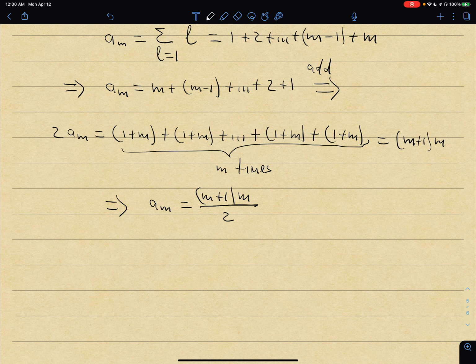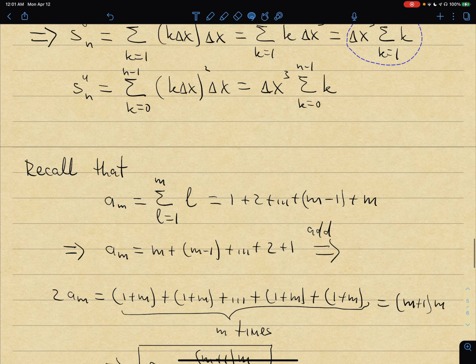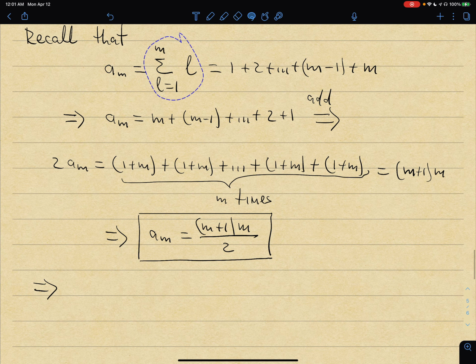And so now if I use this formula in my expressions for largest overestimation and lowest underestimation, here I'm adding all k's from 1 to n, which is the same formula as here, except I'm using different letters. But using dummy letters really makes no difference, right? Those dummy letters will disappear.